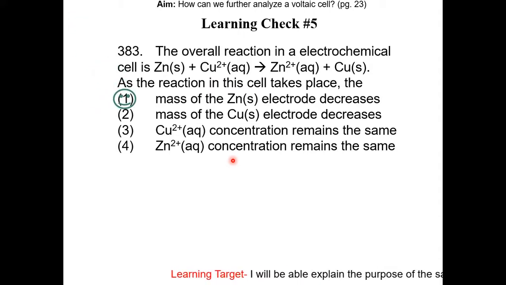The cathode over time gains mass, so choice 2 is wrong. Choices 3 and 4 are wrong because if you look at this redox reaction, copper ion is becoming copper solid, so copper ion concentration decreases, and zinc ion is being formed, so zinc ion concentration increases.